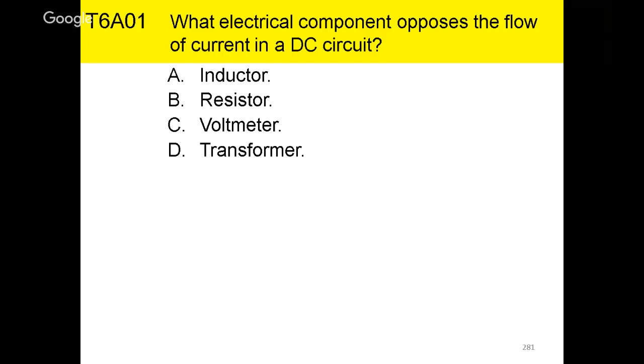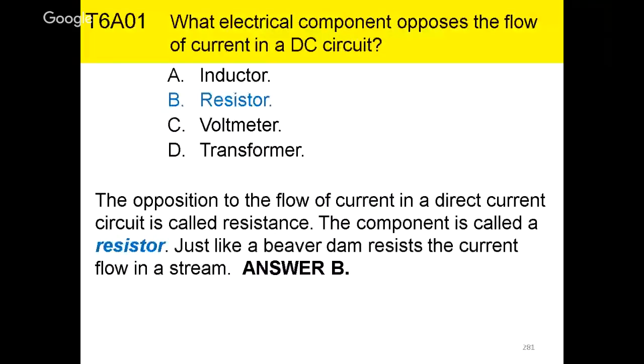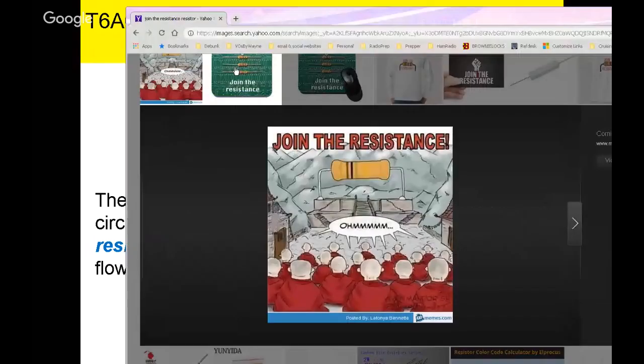At any rate, there was a little picture I was going to show. The component that opposes the flow of current in a DC circuit is called a resistor. Join the resistance. Let's see if I can find it here. There it is. Join the resistance.